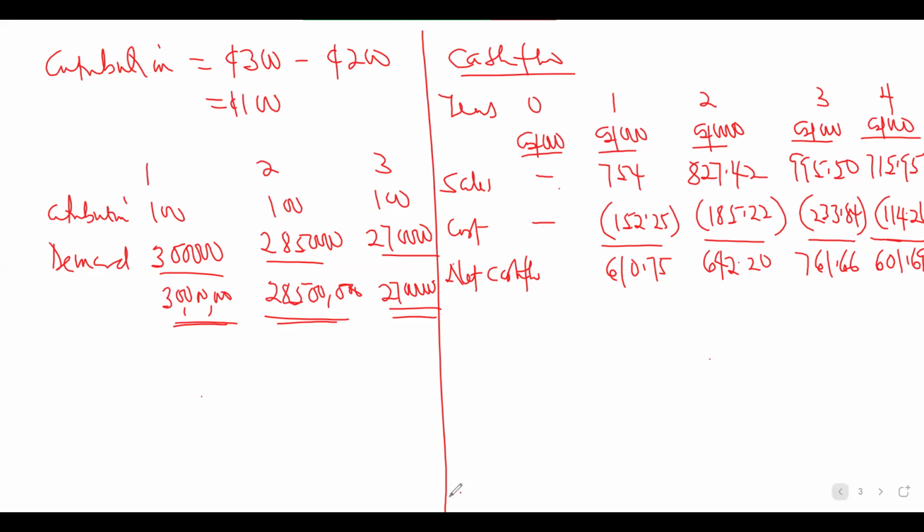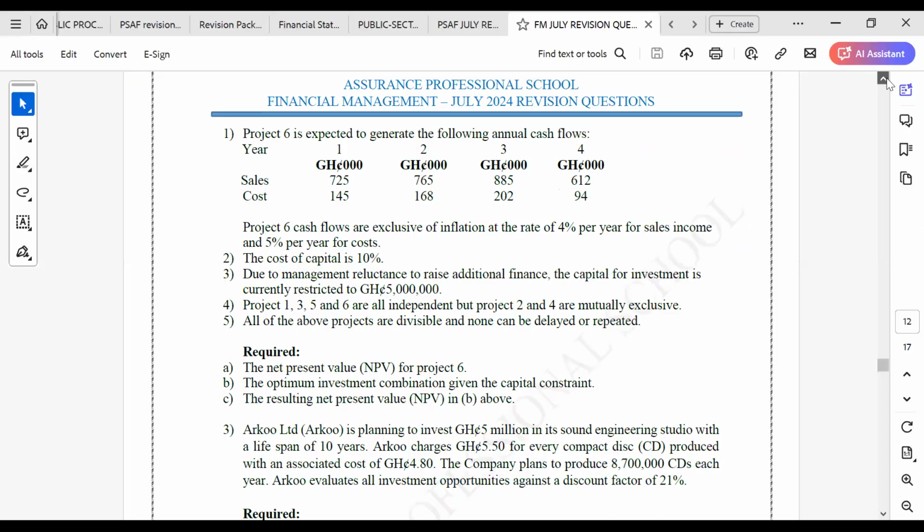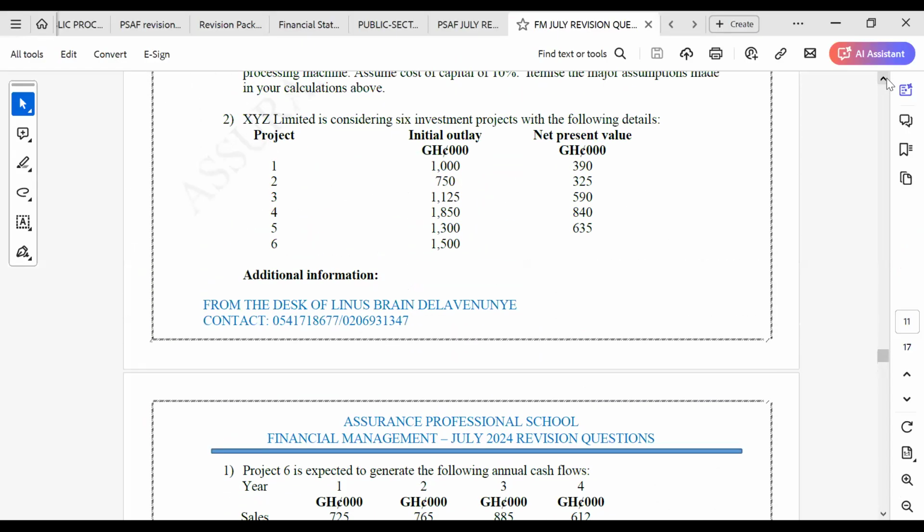All right. So what will happen? We now have the cost. How much are we spending on the project? The cost is 1,500.